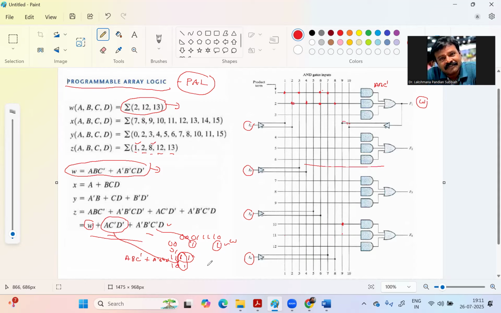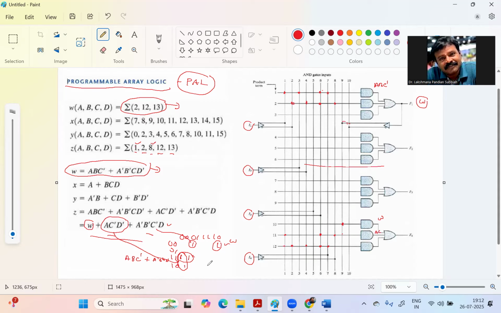So A, then C dash, and then T dash. So this is the case. Next one, A dash, B dash, then C dash, and then D. So here we are having W, then AC dash T dash.